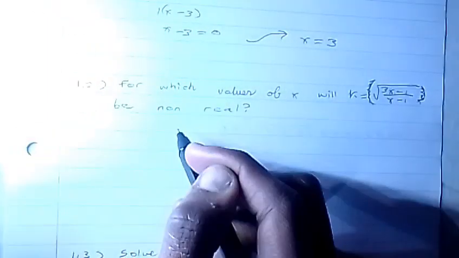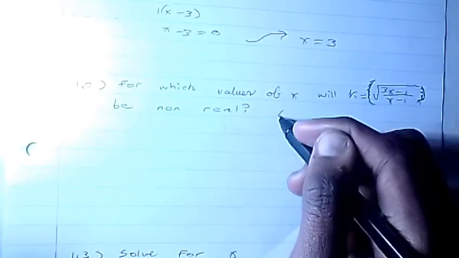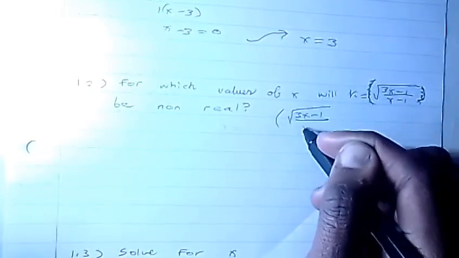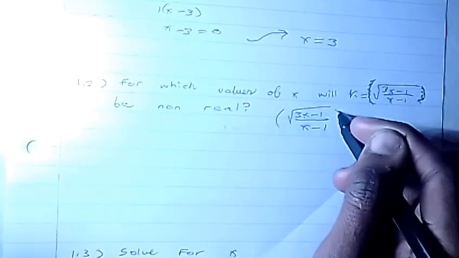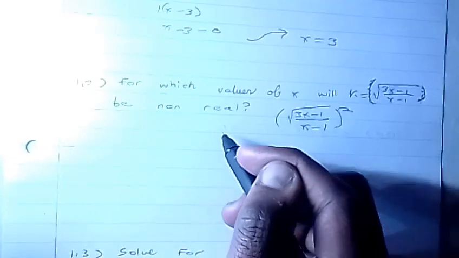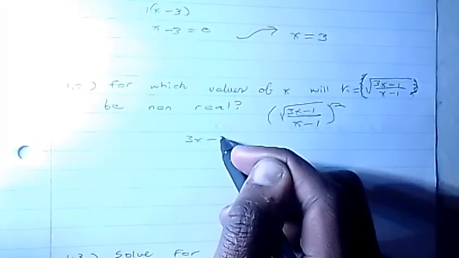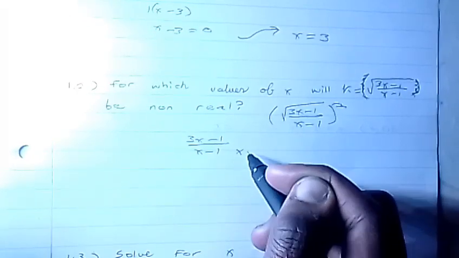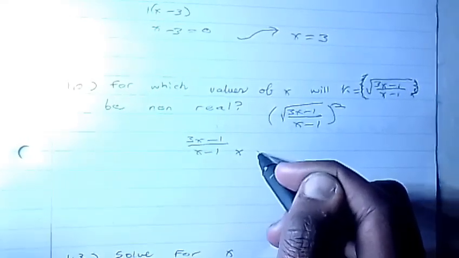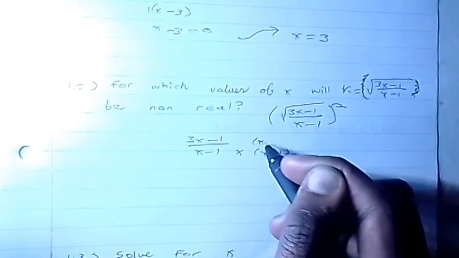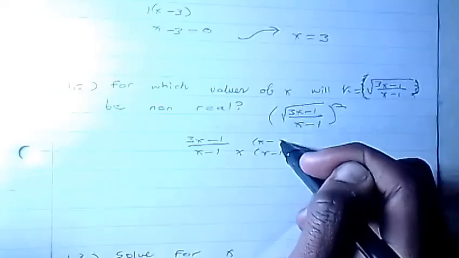We write square root 3x minus 1 over x minus 1, squared, to get rid of the square root. From there we are left with 3x minus 1 over x minus 1. We times by the LCD, which is x minus 1, on both sides.